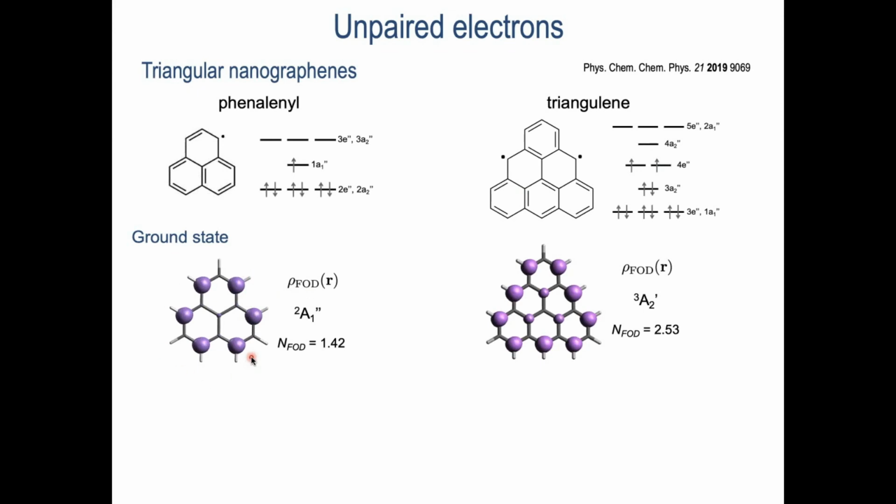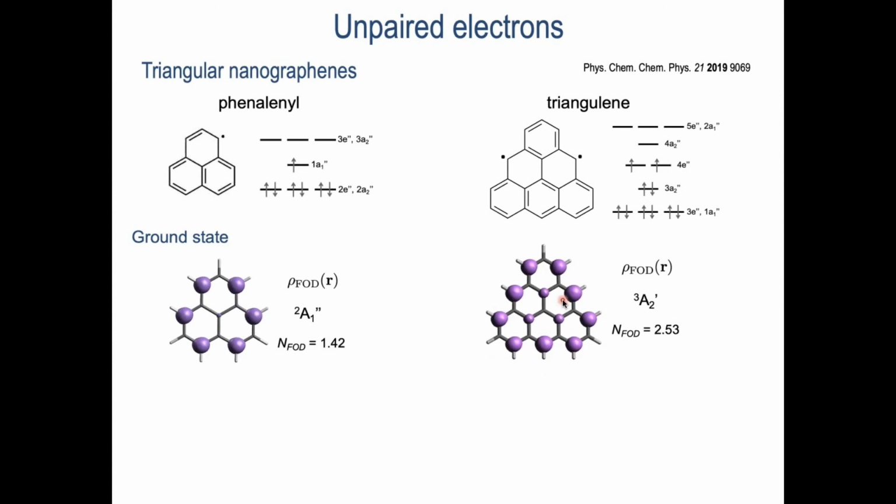Here is where the unpaired electrons are; in this case this would be basically this unpaired electron, and we have a number that can be related to the number of unpaired electrons, which is 1, or higher than 1, meaning that we have basically a doublet which has some additional correlation.